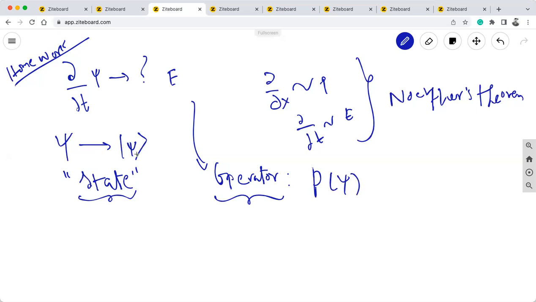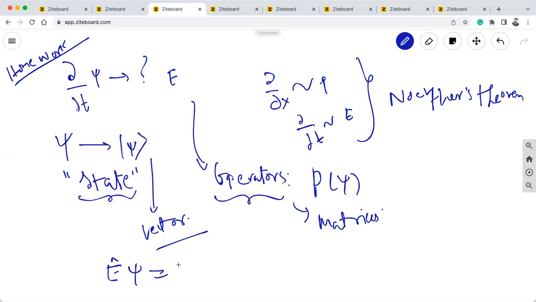The state we will typically see as a vector, and the operators we will see as matrices. If you have some physical quantities with operator nature, and certain operators act on some quantum state, it will return a physical quantity and that quantum state.